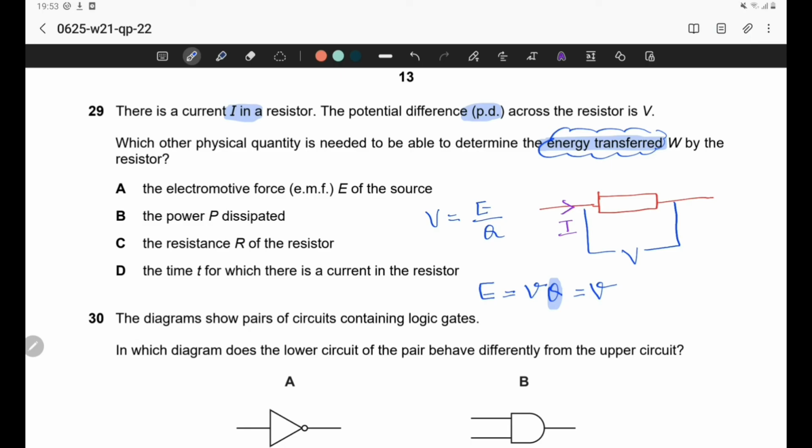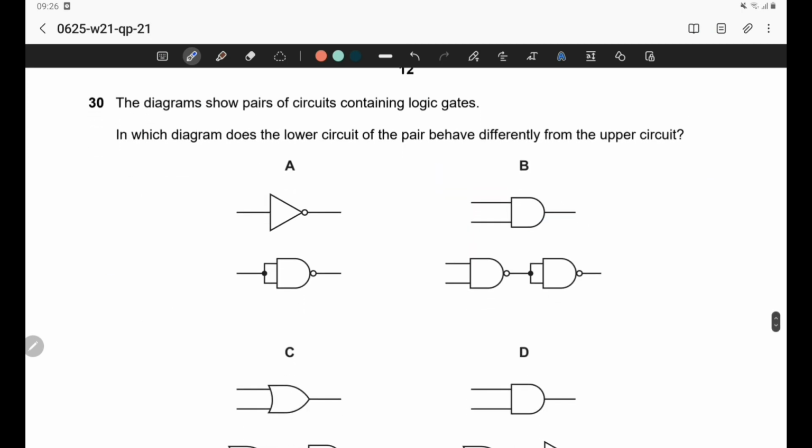Therefore, instead of charge we can write I times t. So we can understand that in order to calculate the energy transferred, we need voltage, current, and the third physical quantity required is time. Therefore, the correct answer is option D, the time t for which there is a current in the resistor. Question 30.